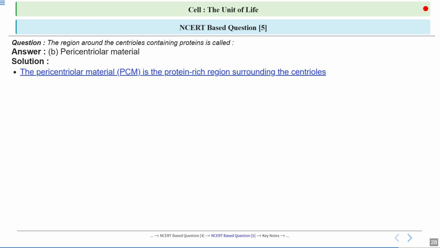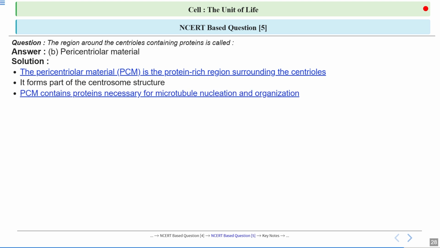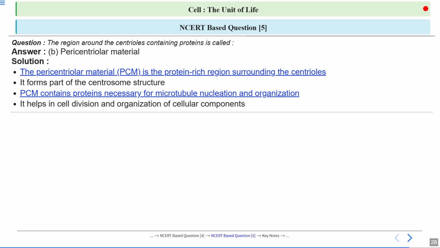Let's have a look at the explanation. Pericentriolar material is the protein-rich region surrounding the centrioles. It forms part of the centrosome structure. PCM contains proteins necessary for microtubule nucleation and organization. It helps in cell division and organization of the cellular components.